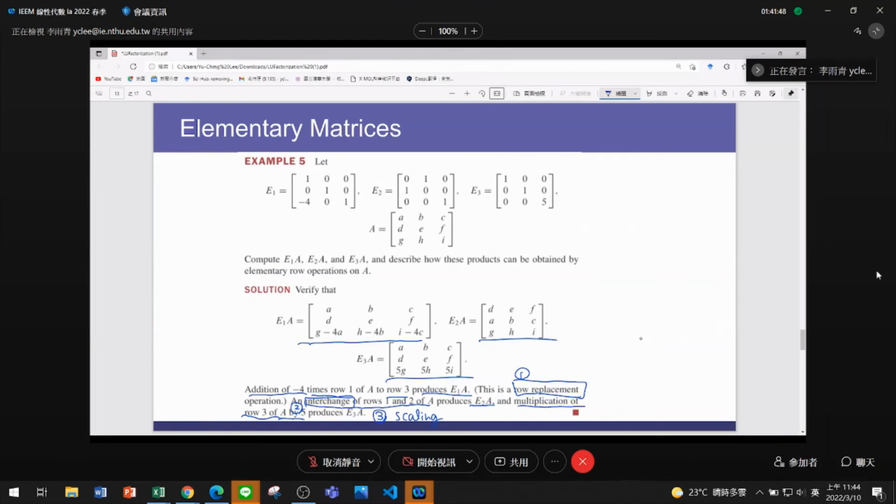Okay, so the three matrices, elementary matrices, all correspond to row replacement, interchange, or the scaling.